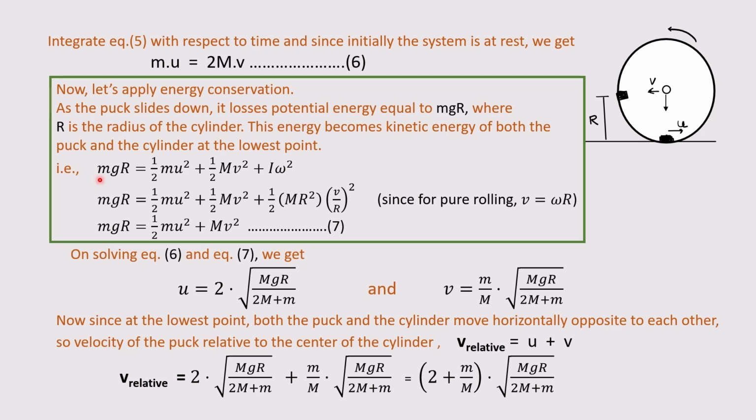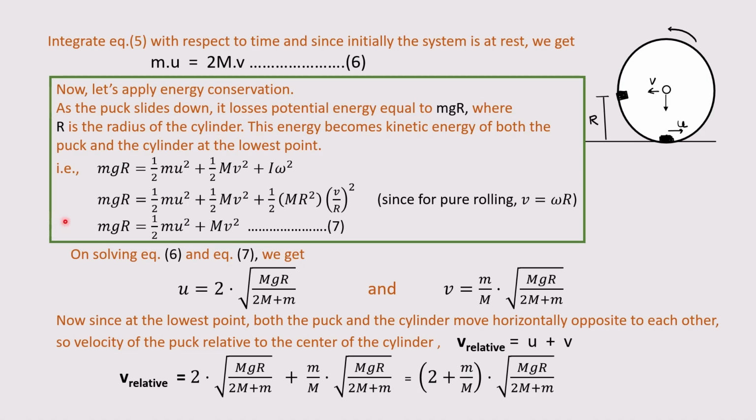a small m, that is the mass of the puck into g into r, is equal to kinetic energy of the puck at the bottom point, that is half into mass of the puck into u square, plus kinetic energy of the cylinder at this moment, that is half into capital M into v square, plus the rolling kinetic energy of the cylinder, that is half into moment of inertia into angular velocity square.